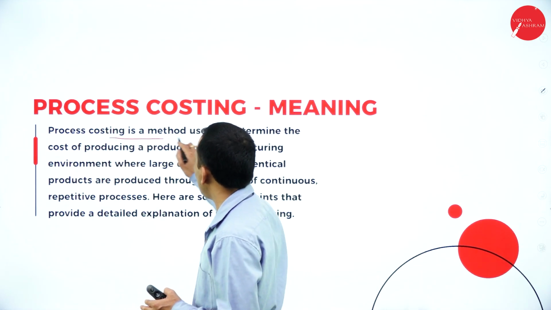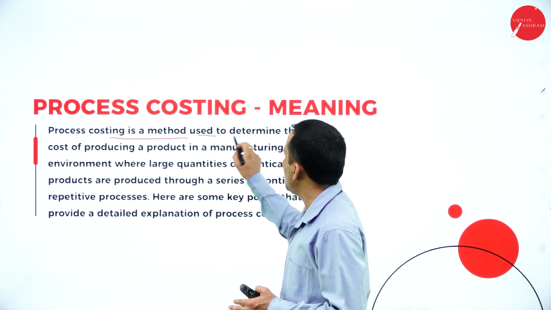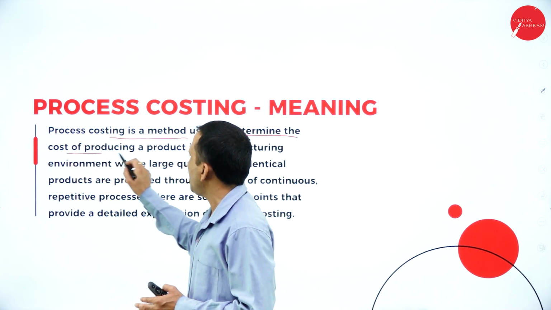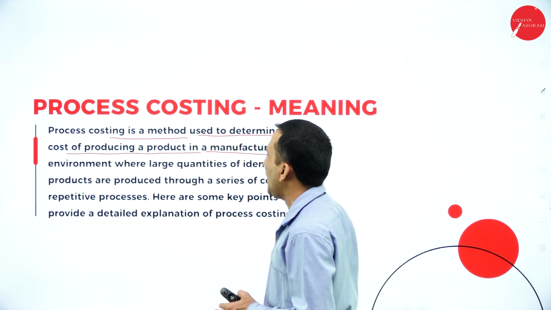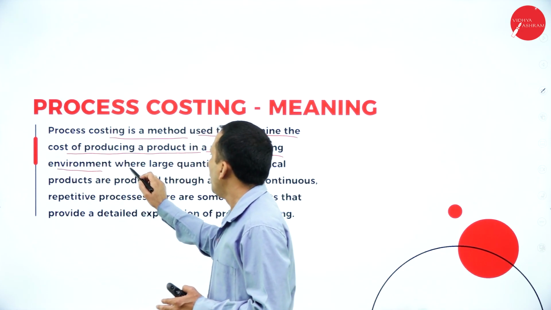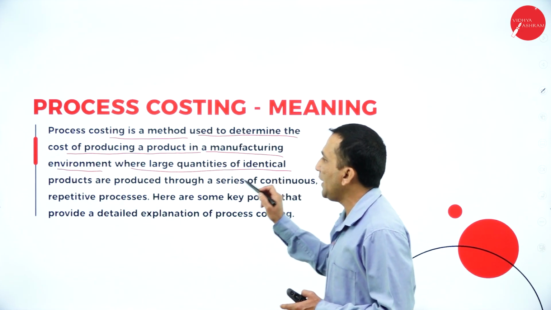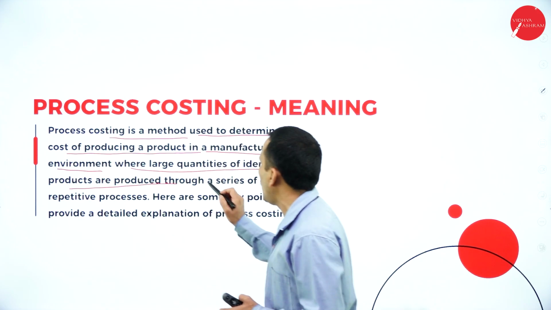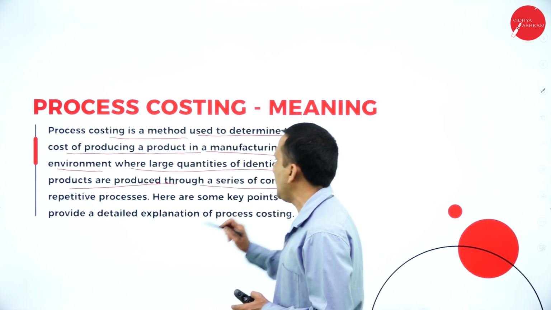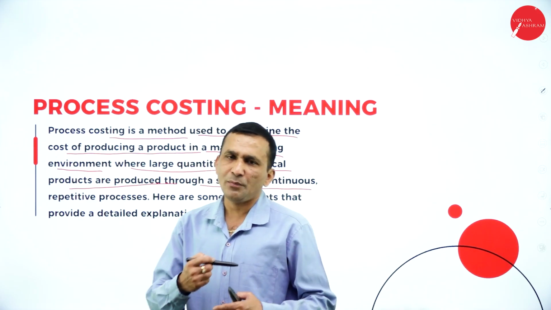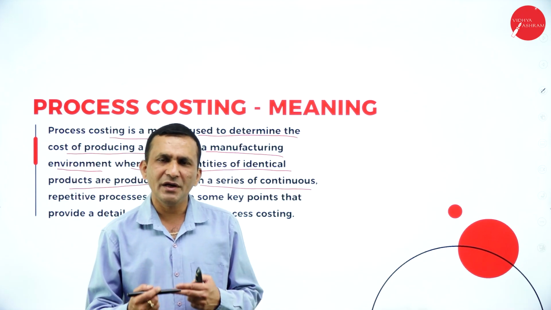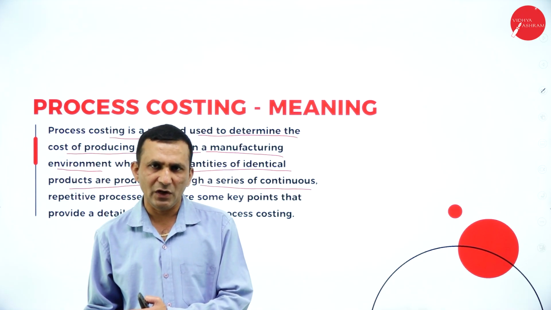So here the process costing is a method used to determine the cost of producing a product in the manufacturing environment, where a large quantity of identical products are produced through a series of continuous processes, because process costing is completely based on the continuous process going on.